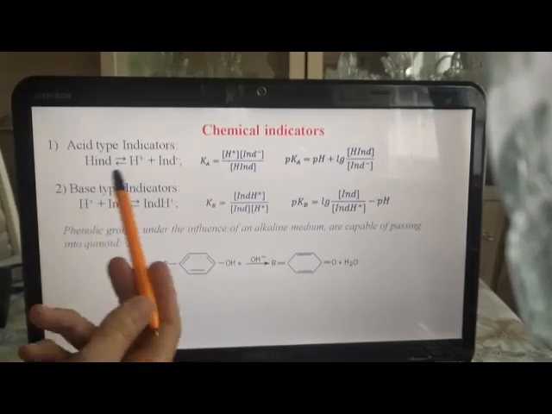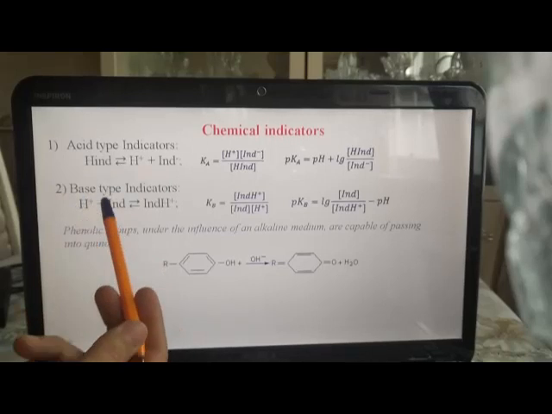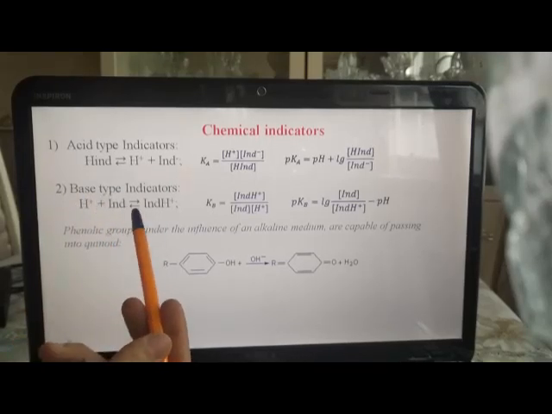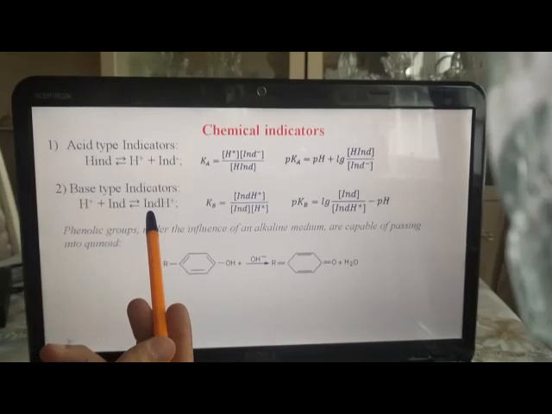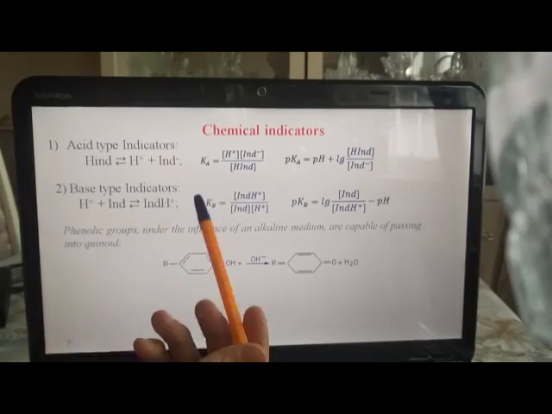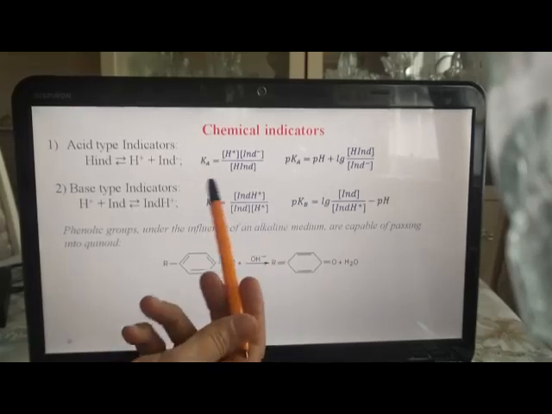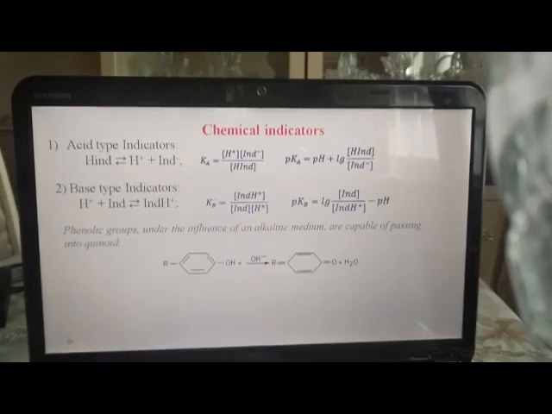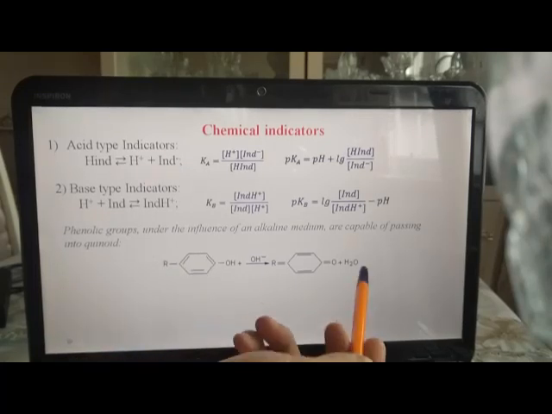Base type of indicator: the indicator combines with a hydrogen proton, and the constant of basicity we can find from this equation. Phenolic groups under the influence of an alkaline medium are capable of passing into phenolate groups. For example, a phenolic group passing into a phenolate group.